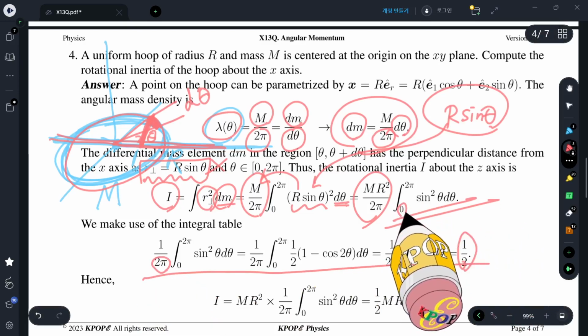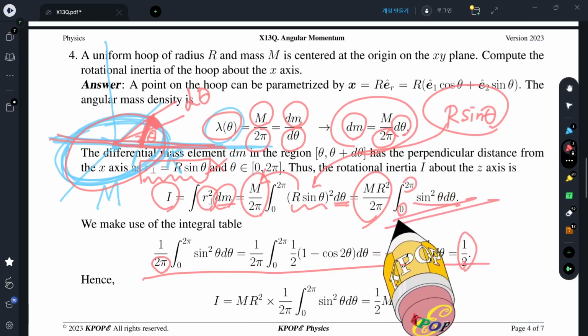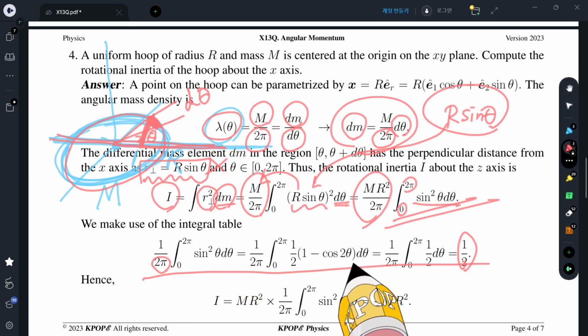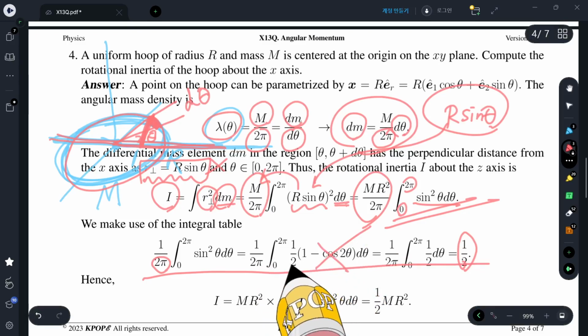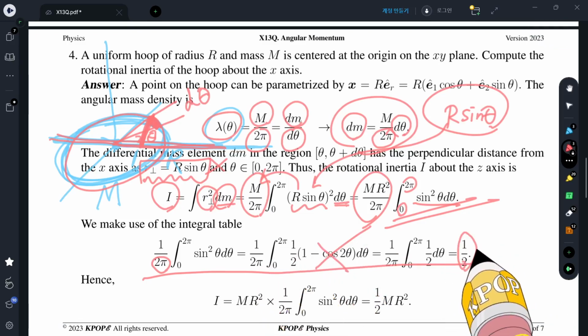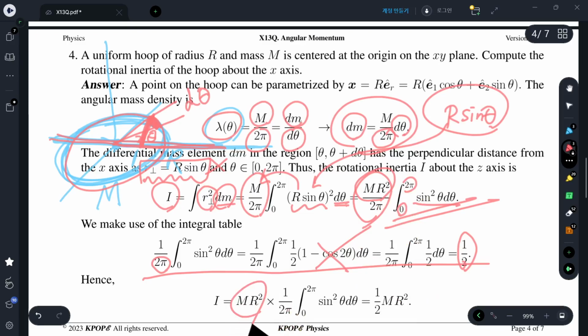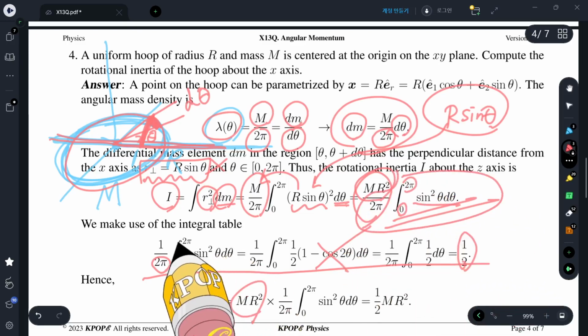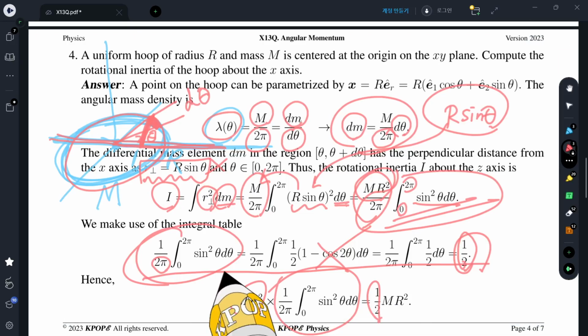This is the average of sine squared over a period: sine squared is (1 minus cosine 2 theta) over 2. Over multiples of a period, the cosine integral vanishes. Because of this, the average value is 1/2. So what I find is m r squared times this integral, which is 1/2. So 1/2 m r squared is the moment of inertia for this problem.